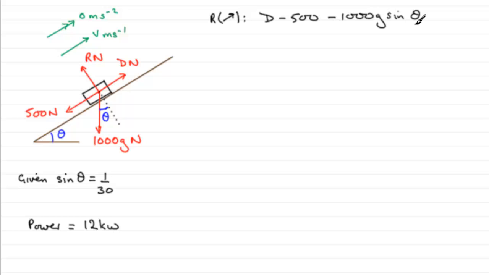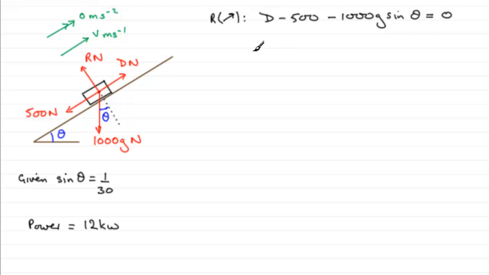So that's our resultant force up the plane, but that resultant force equals mass times acceleration, but because the acceleration is 0, it's moving at a constant speed, then obviously this has got to equal 0.